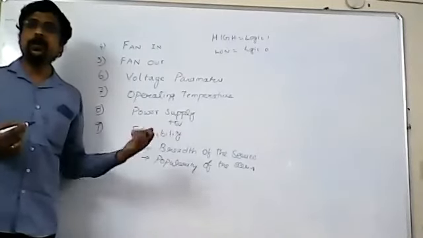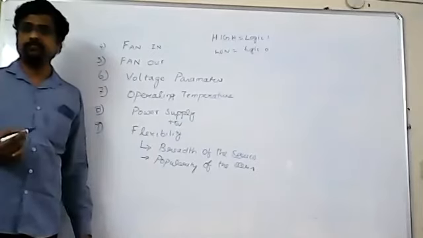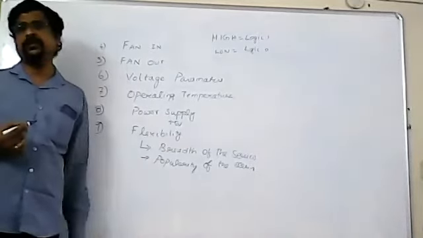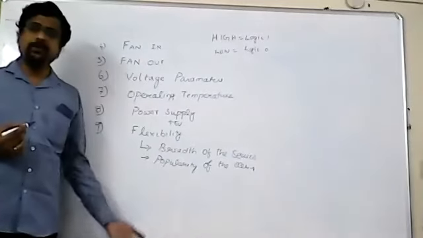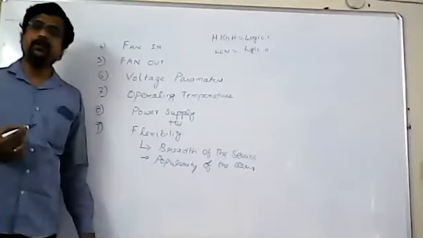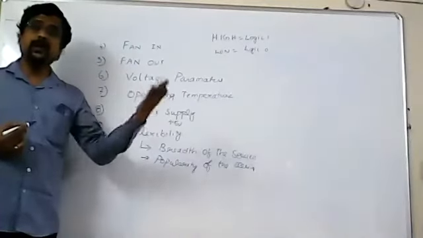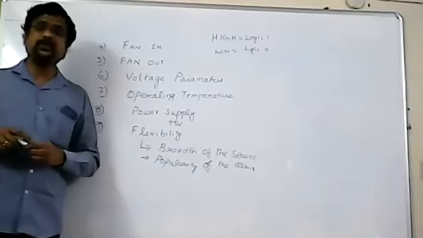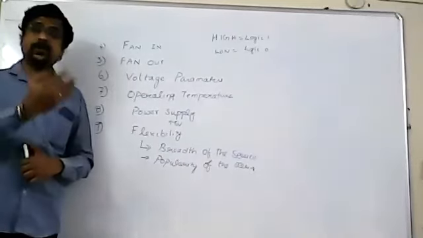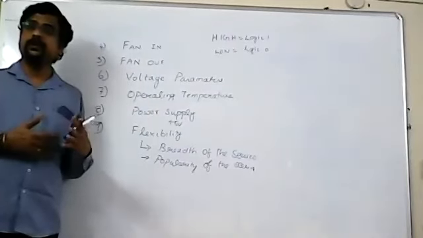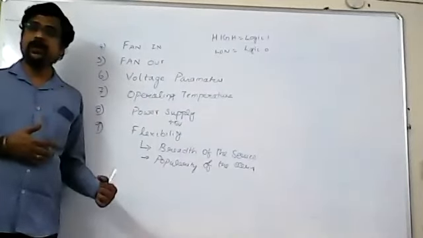For example, company A manufactures 1 million ICs in a year, and company B manufactures only 10,000 ICs in a year. So which is the popular one? Company A. Why it is popular? It is able to manufacture millions of ICs. Why it is able to manufacture millions of ICs? Because those ICs are being sold popularly.